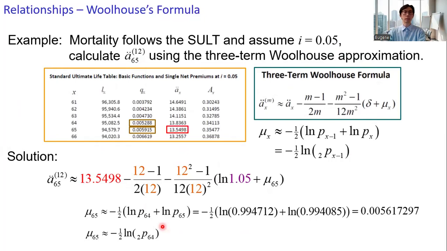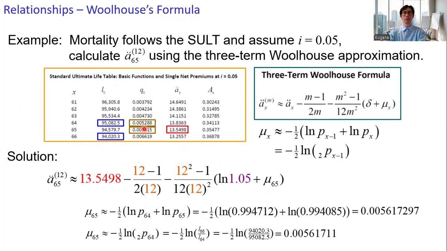Here we calculate 2p64, which equals l66 over l64. And we should get similar results. Plug either one of these values into the expression for mu 65, and then we get the approximation, 13.087.